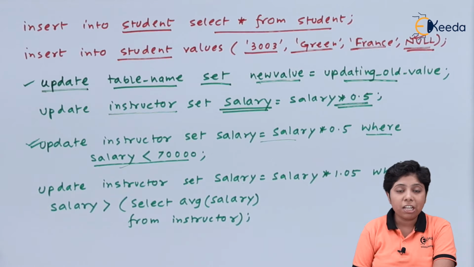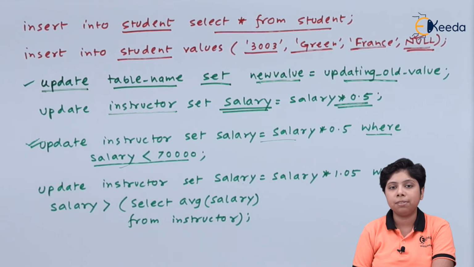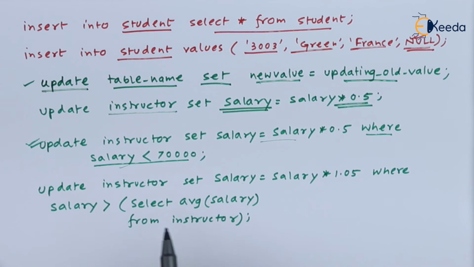See, I can even use an aggregate function and a subquery inside the update statement. What I am doing is that if the salary of an instructor is greater than the average salary of all the instructors, I will increase the salary of the instructor by 1.05. So the updation is the same as the previous one.